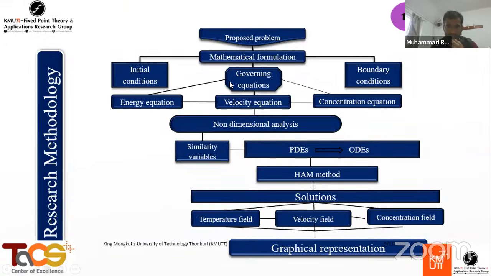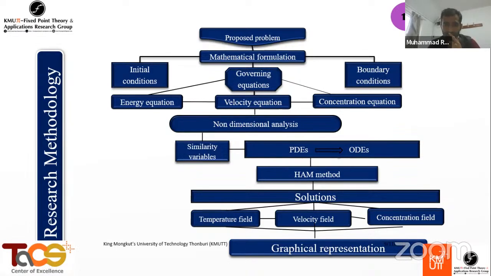Now, research methodology. First, we proposed a problem which consists of a mathematical formulation, and the mathematical formulation consists of governing equations along with initial conditions and boundary conditions. In governing equations, we have three equations: velocity equations, energy equations, and concentration equations. These are partial differential equations in non-dimensional form.